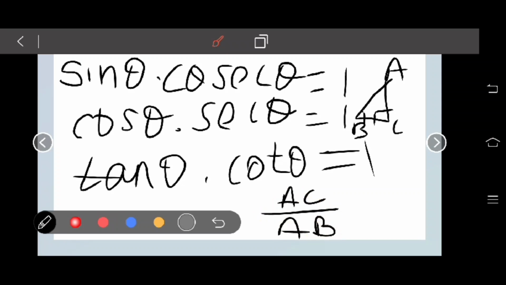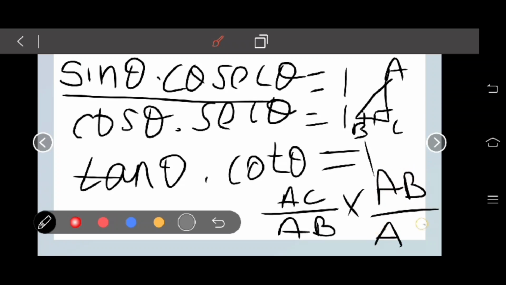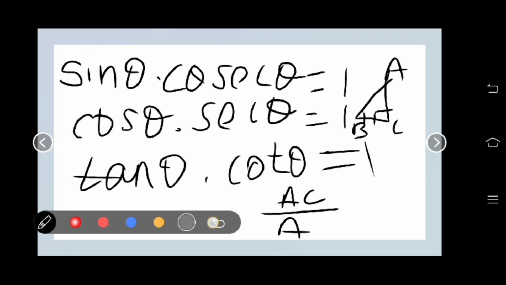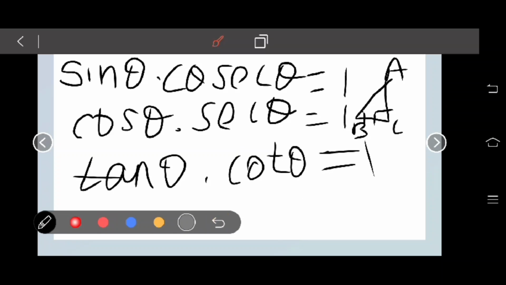Let's take an example for sine into cosec theta. Cosec theta is the full opposite, so hypotenuse AB by opposite AC. So AC cancels, AB cancels, equal to 1. In this way you are going to derive. I already gave you an example, so if you want to try, you can try by taking proper values of the right angle triangle.